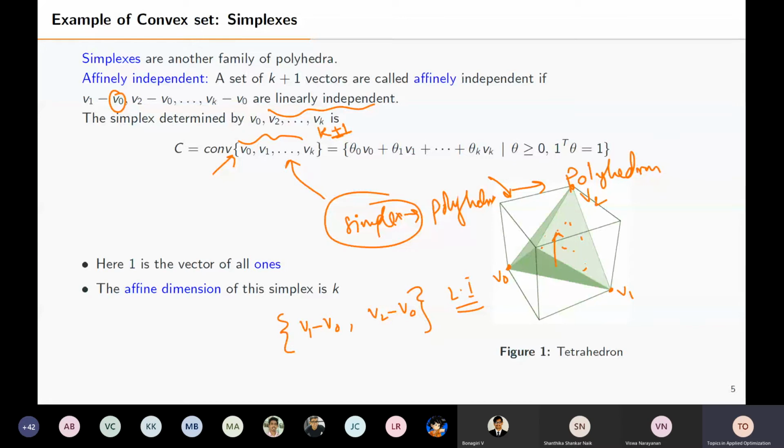Vector spaces are linear in the sense that the 0 vector is also there, but these guys may not necessarily have 0, because the origin may be somewhere here. So for these cases, we need to define affine independence separately. The concept of affine independence comes into the picture.